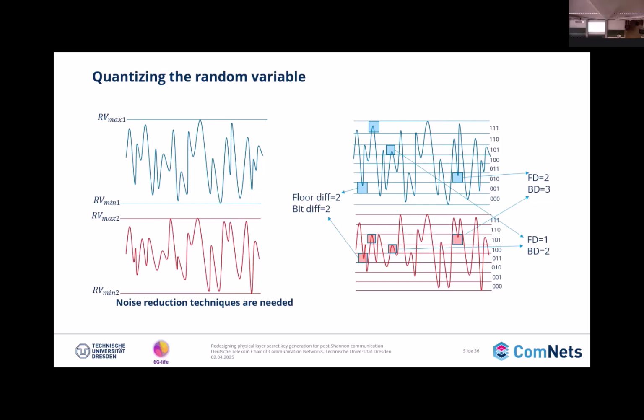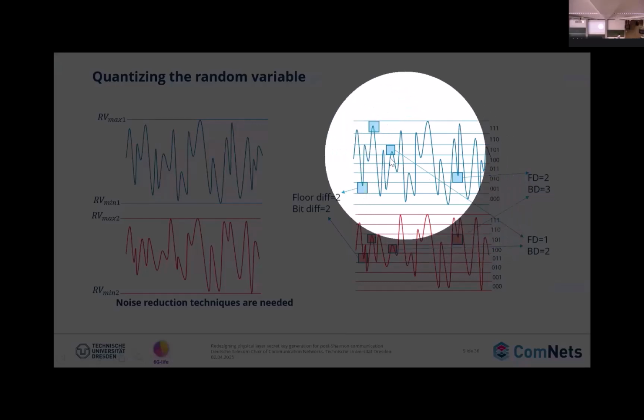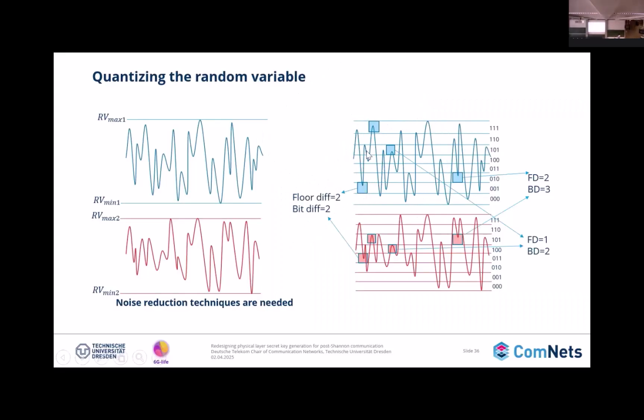So assume that you have a random variable and that you want to convert it into bits. Normally, imagine a building and you're mapping the random variable, and each floor represents bits which can be mapped into the random variable.